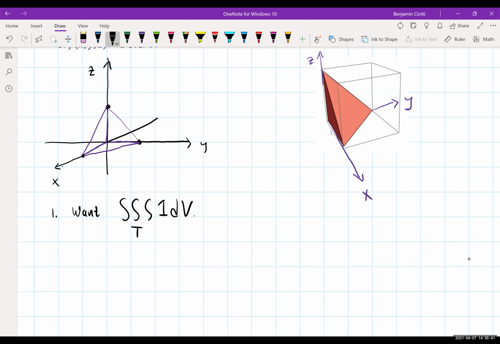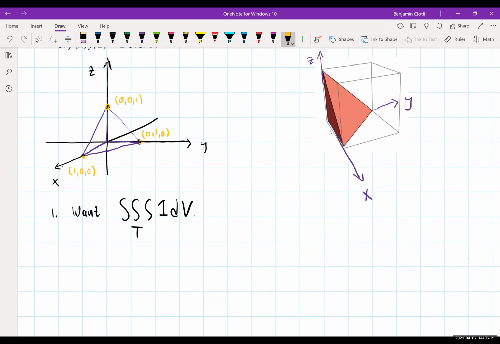Now, I need to express this as an elementary region in order to actually do any computation, which means I'm going to need the formula for this plane, this face, the front-facing face in the picture that I drew. That's a plane. It's flat. It goes through the points 0, 0, 1, 0, 1, 0, and 1, 0, 0.